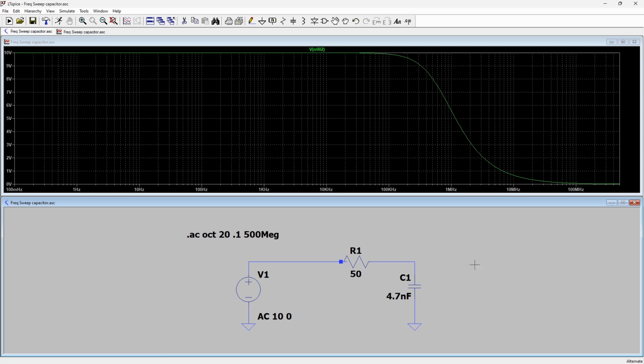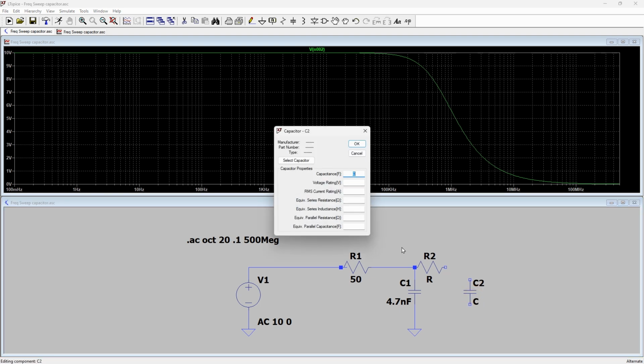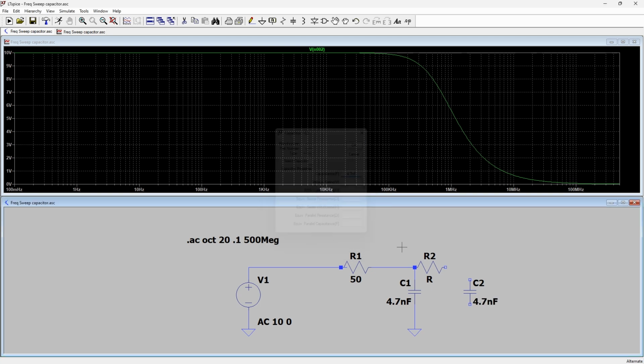If we were to duplicate this over and over again, for example, let's go ahead and do this: drop another resistor in there, and let's drop another capacitor in here. Let's make it the same value, 4.7 nanofarad.